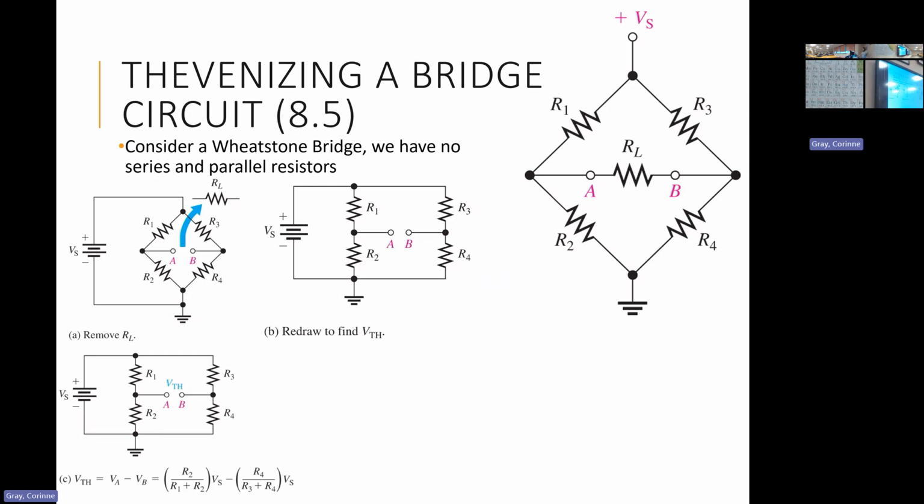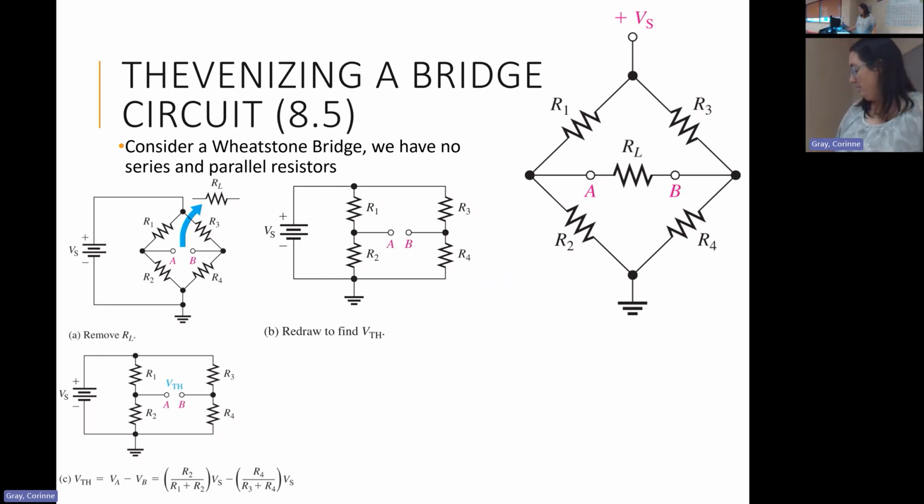What we need to do is look at the difference in voltage across the two sides. Here we have VA, the voltage at A, which is associated with the voltage drop across R1, minus VB, the voltage drop across R3 here.